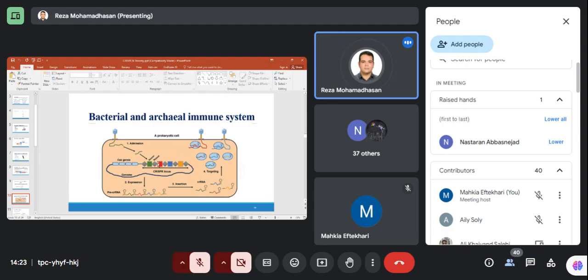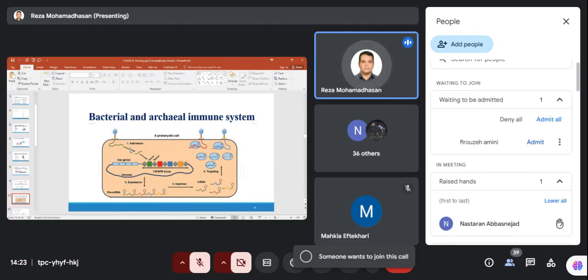So the locus works as a memory for bacteria to detect viral genomes in the future and also in future generations.